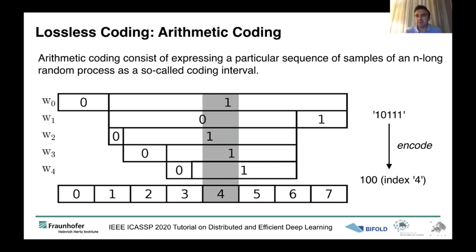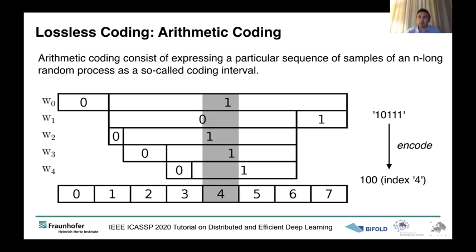Here's an example of an arithmetic coding process. Arithmetic coding consists of expressing a particular sequence as a so-called coding interval.